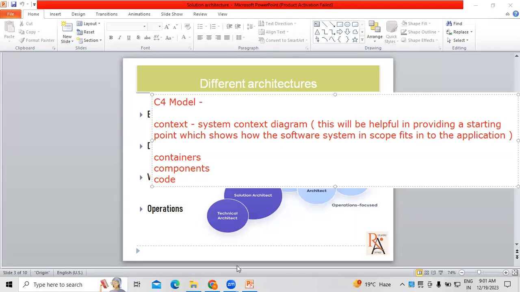The next one is about containers, right? This is where we call it the container diagram. Of course, nowadays for containers, as I told you, whenever we are moving towards a DevOps environment, Docker and so on, all these are containers.